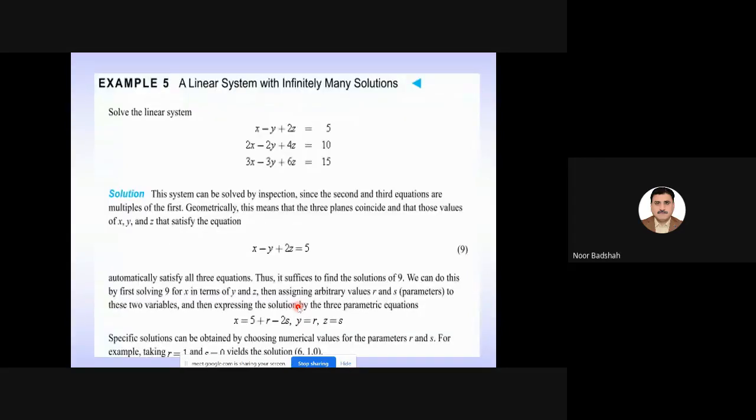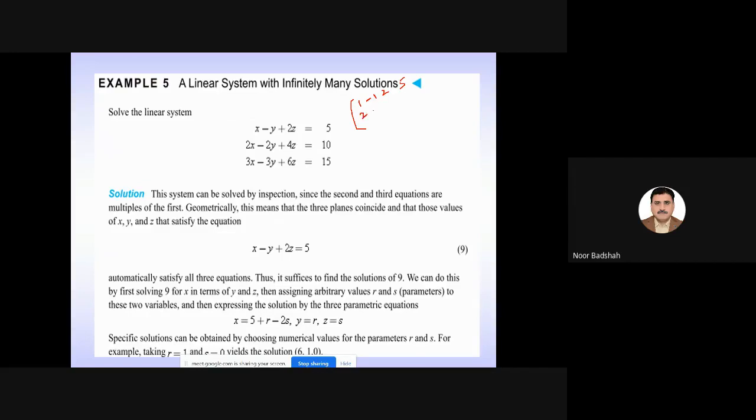That's the case of three variables. If we consider the augmented matrix, let me go for that. So in this case, the augmented matrix will be 1, -1, 2, and the right side is 5.